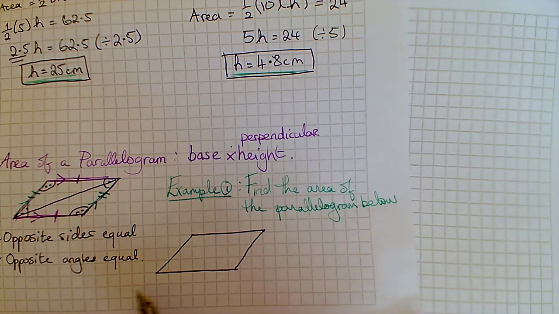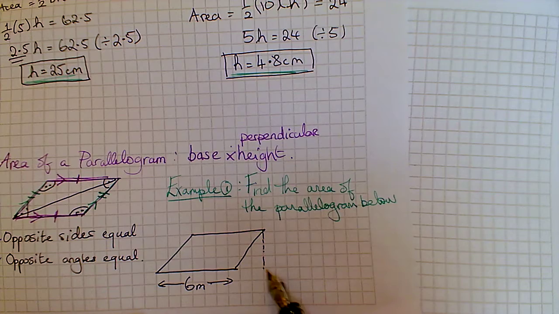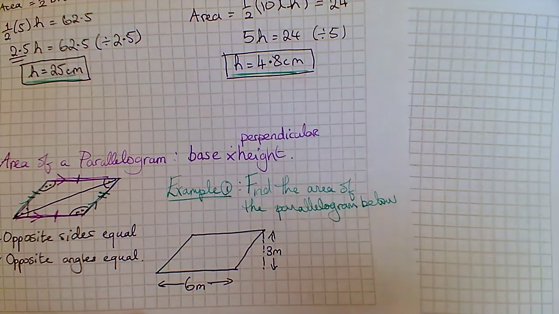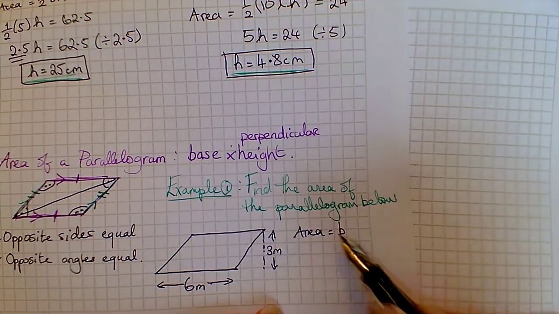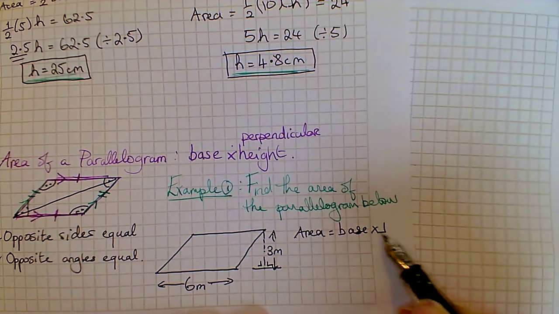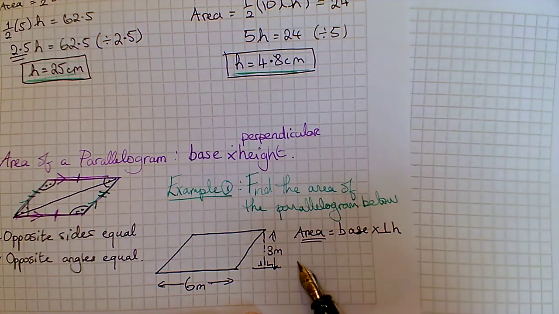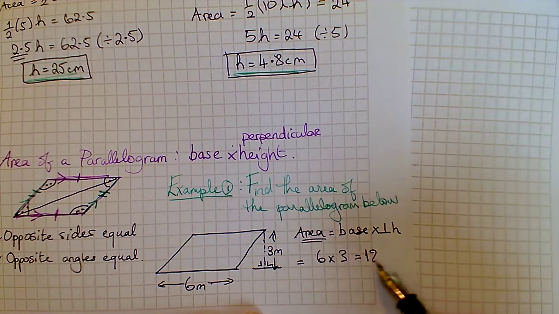So if I know that this side is 6 meters long, and if I know that this distance here is 3 meters long, then I can work out the area. It's just the base by the perpendicular height. So that is 6 by 3, which is 18 meters squared.